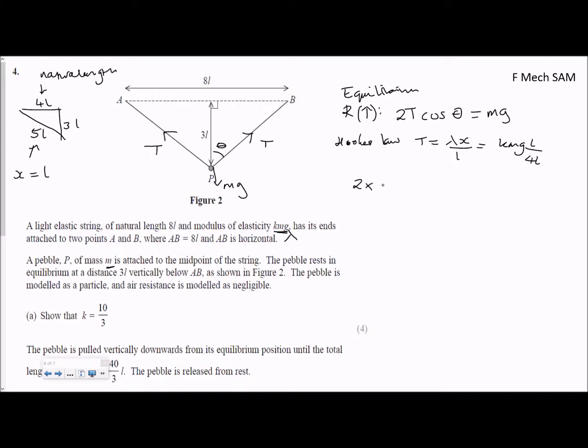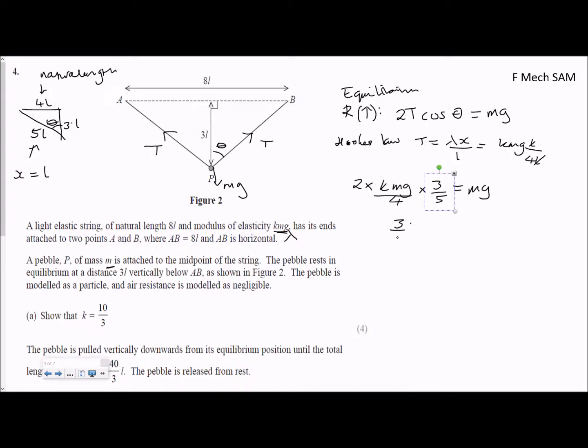So I've got 2 times kmg, the L's are going to cancel, so over 4, times, now I can use my triangle again to find cos theta. So this is theta, so cos is going to be 3/5, equals mg, and then all I need to do is simplify this.